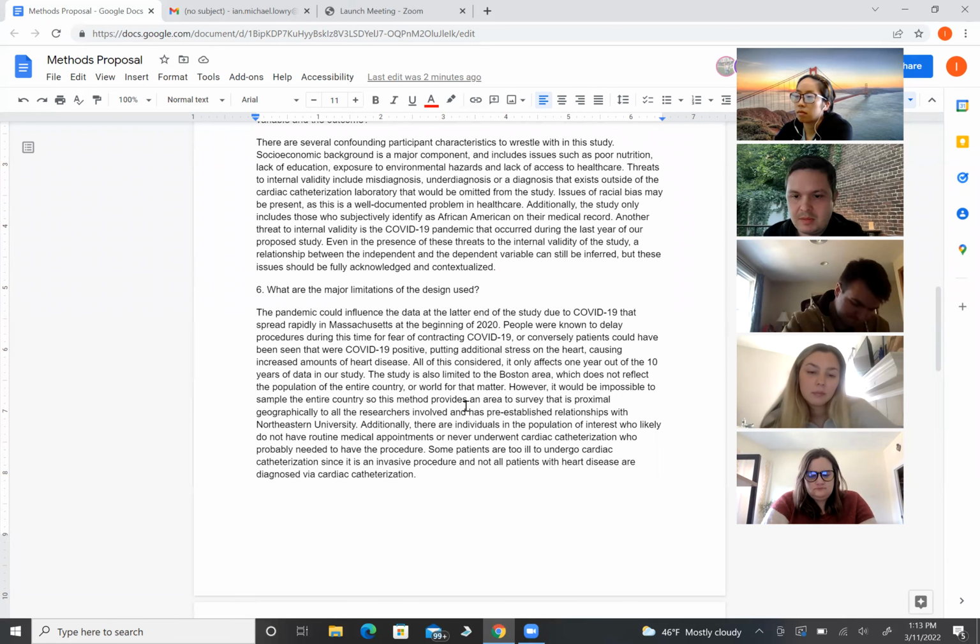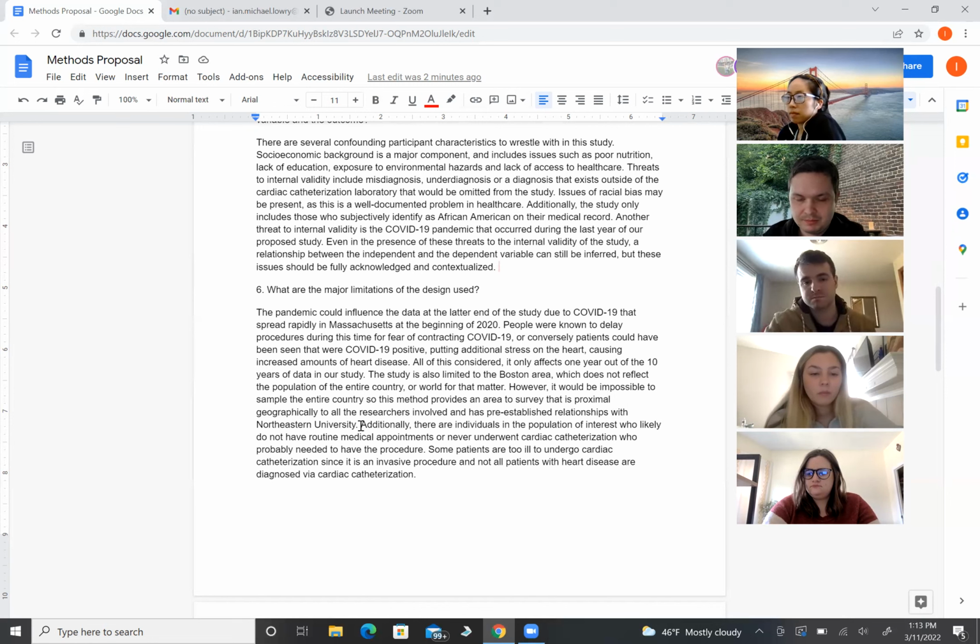So this gives us a microcosm that we can feasibly look at, and it's in proximity to all the researchers, which is us. And we're familiar with these hospitals. Northeastern's familiar with these hospitals. So we're not just going somewhere randomly and trying to conduct our research. There's already a relationship built up there.